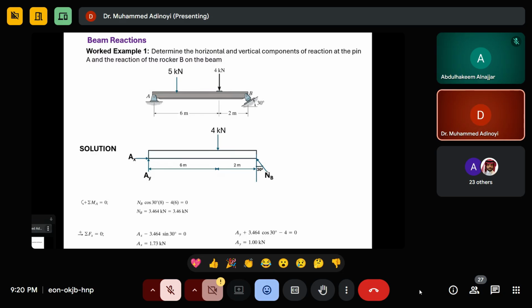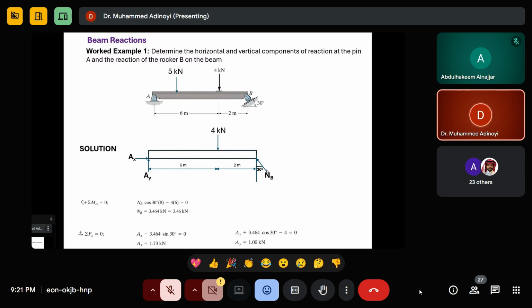You have to take the component of this, because it is at an angle, so you take it at X and Y. The vertical component is going to be NB cos 30, multiplied by the distance from here to here, because you are taking moment about this point. Then the other force here is 4 kilonewton times 6 meters, equals 0, because that is the condition for equilibrium.